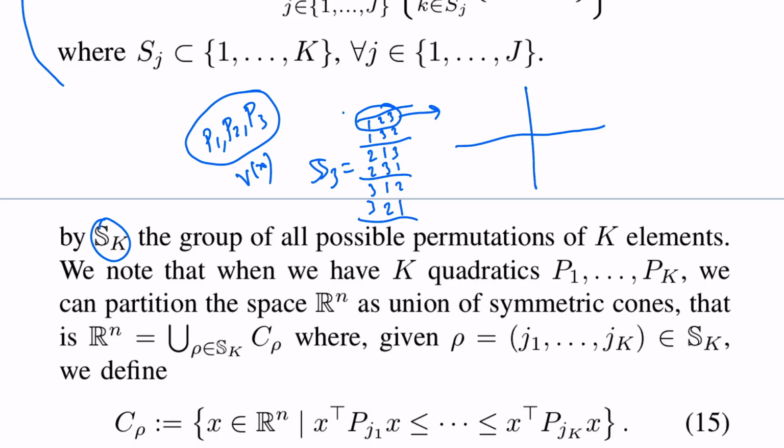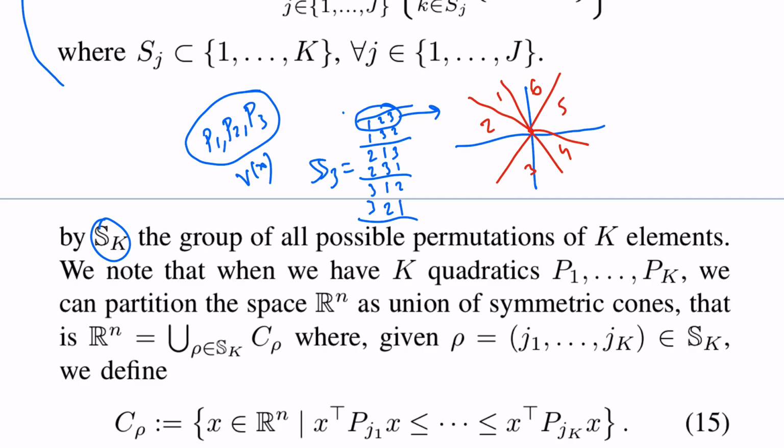Here is the special thing about that. Let's say 6: 1, 2, 3, 4, 5, 6. This partitioning of the state space is useful. Why?